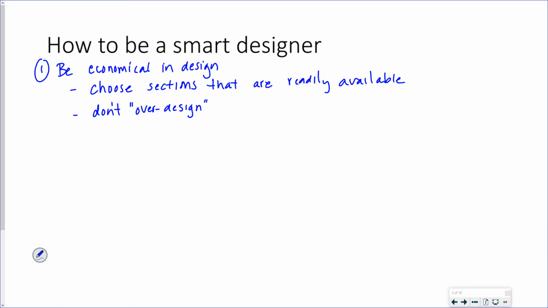You don't need to change your sizes by beams, right? And I just made up those sizes. They might not be real.